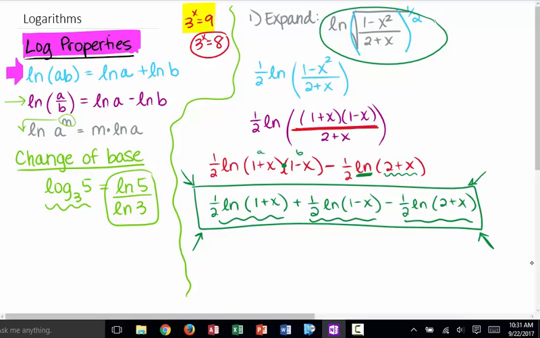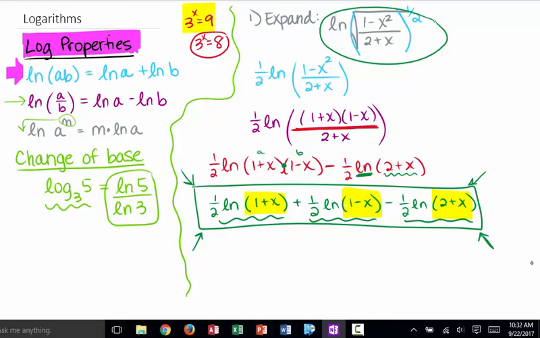So if I look at it, when I learn natural log derivatives, I'm really just going to be working with that part, and I can take the derivative of 1 plus x very easily. When I do derivatives, I'm just going to be looking at this part for natural log, and again, I can take the derivative of 1 minus x pretty easily. And lastly, I would be looking at this argument of 2 plus x, and again, I can do the derivative of that fairly easily.